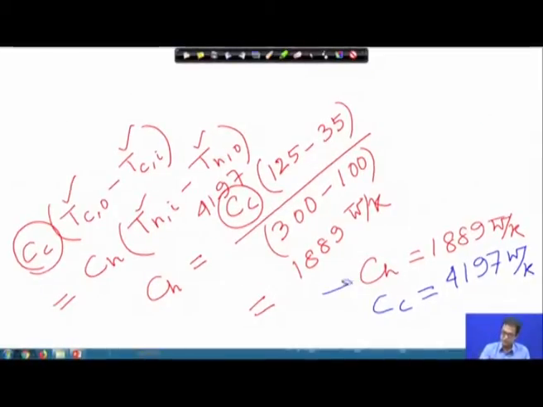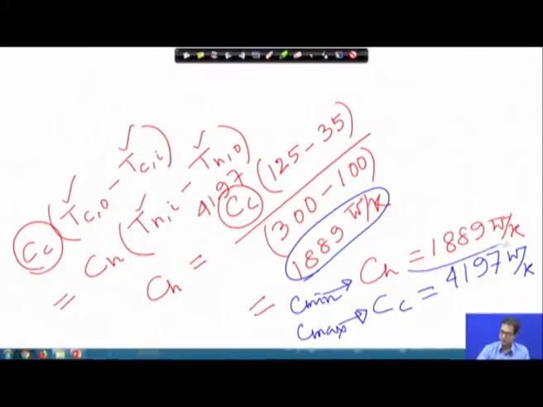So, this is the minimum capacity fluid, and this is the maximum capacity fluid. So, this is C max and this is C min. Here this hot fluid is the minimum capacity fluid, so it will experience the maximum difference in temperature.